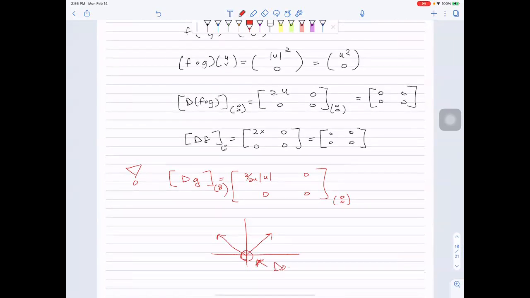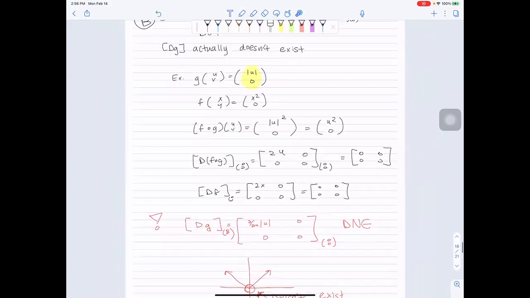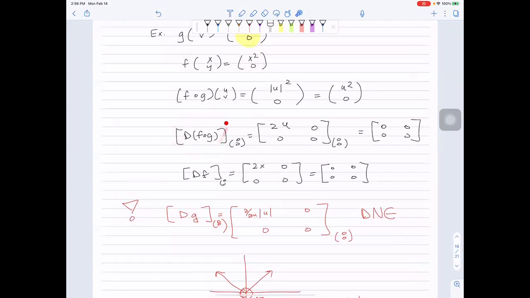The derivative doesn't exist. So dg itself actually does not exist. So here we saw an example where the derivative of the composition and the derivative of f existed, but the derivative of g didn't exist for some reason. Okay, any questions on that?